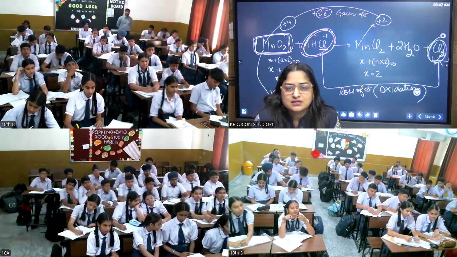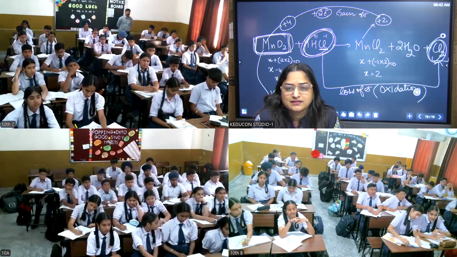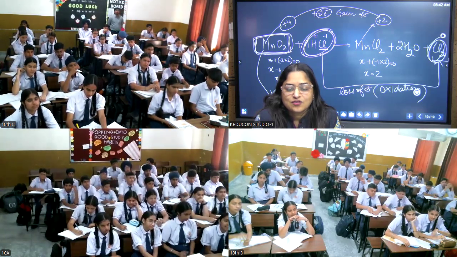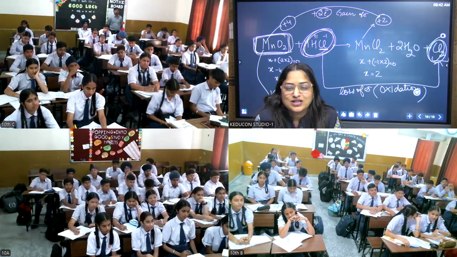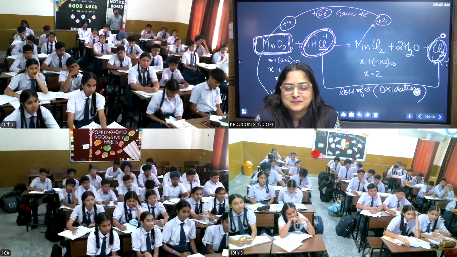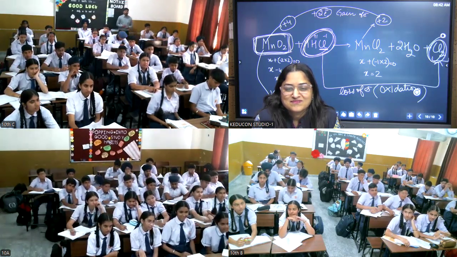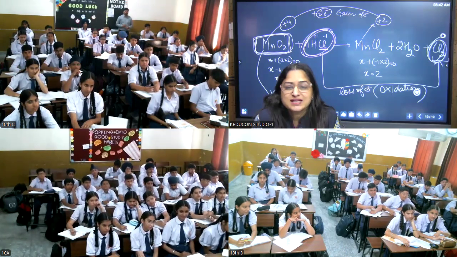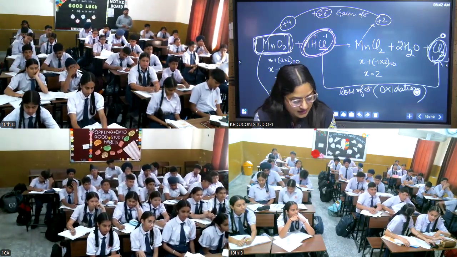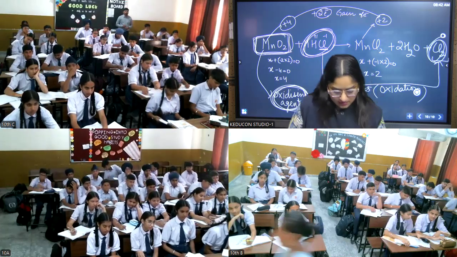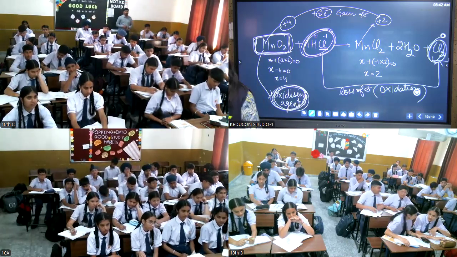What is the process called if any element gains electrons? Reduction. What if it loses electrons? Oxidation. What is an oxidizing agent? It helps in oxidation by reducing itself. Right? Come to the next question. So the answer for this was MnO2. MnO2 is the oxidizing agent here.